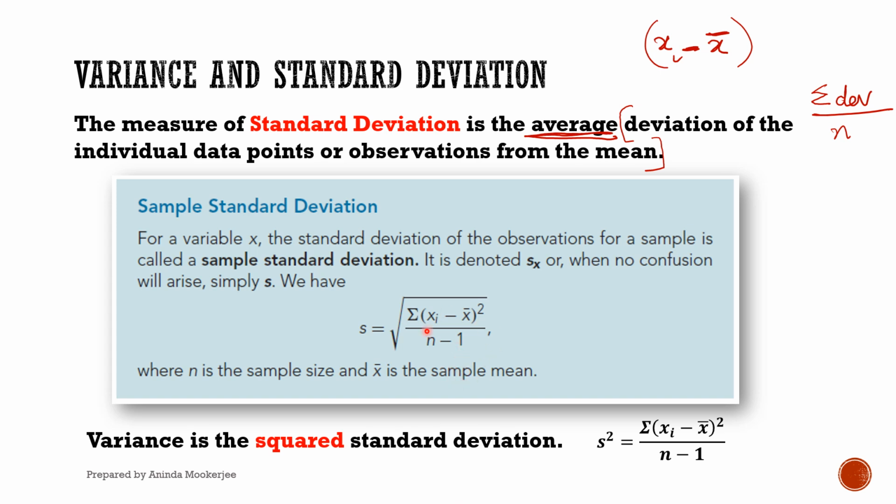It's a little bit complex concept, but for this course we just know that we subtract 1 from n for sample standard deviation, because it is an unbiased estimator. In other words, it gives an estimated value which would be closer to the population standard deviation.